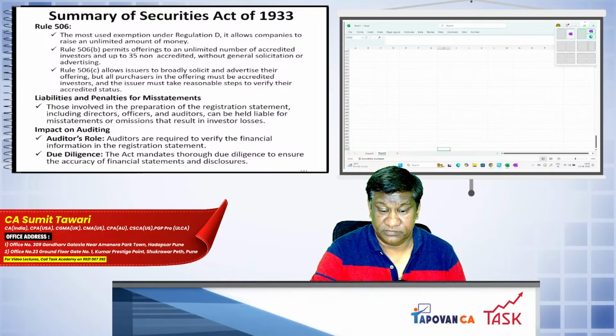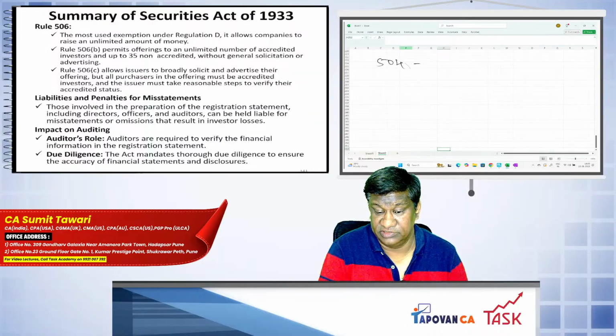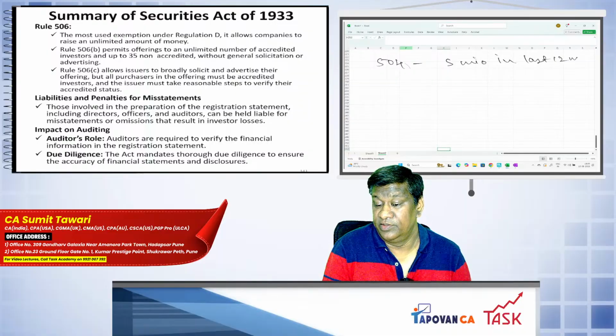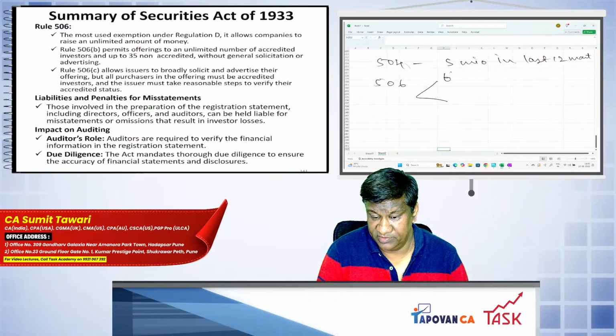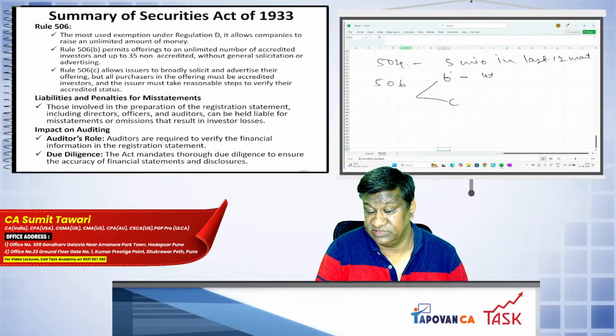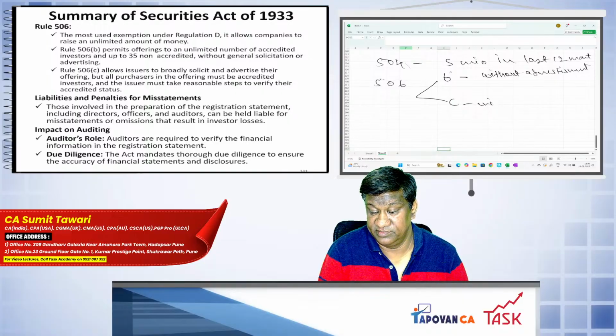Okay. So the more important ones are 504 and 506. I'll just summarize again. 504, just keep in mind, 5 million in the last 12 months. And then 506, there are B and C. In B, without advertisement. And here, with advertisement.